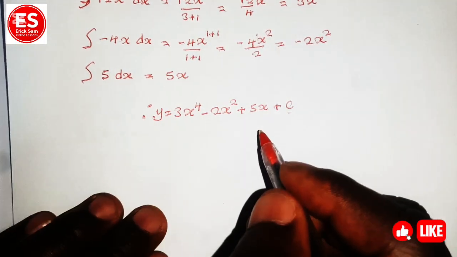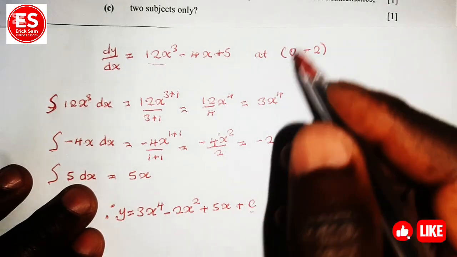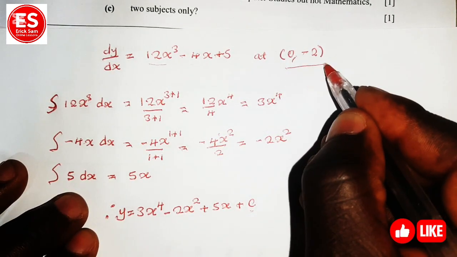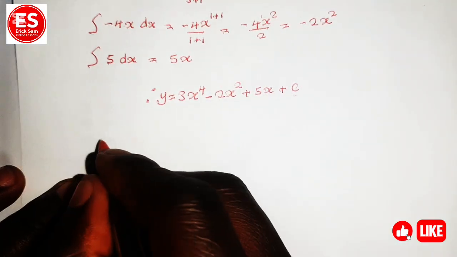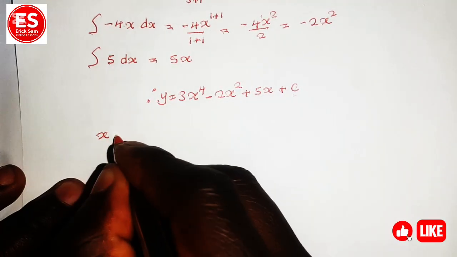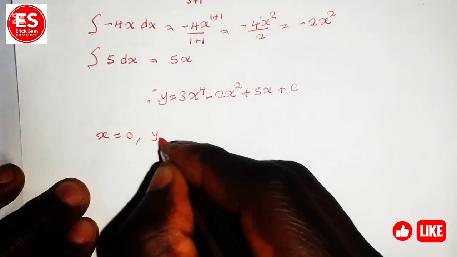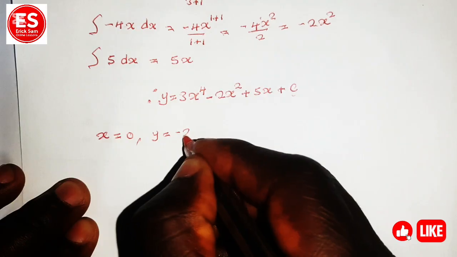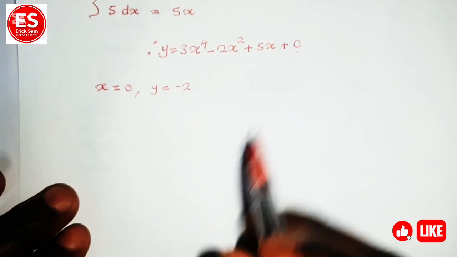At this point we need to substitute the values we've been given, 0 and -2. So 0 is the first value, x, so x is equal to 0, and y is equal to -2. Now we can just substitute.